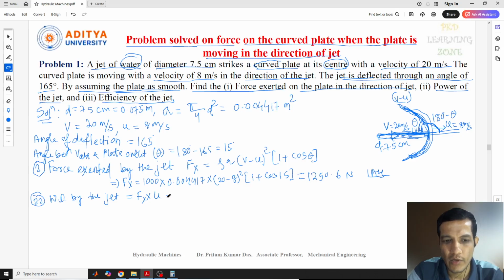Fx we already got, 1250.6, into u, which is 8. So this is 1250 into 8, and we get about 10,005.34 Newton meter per second.